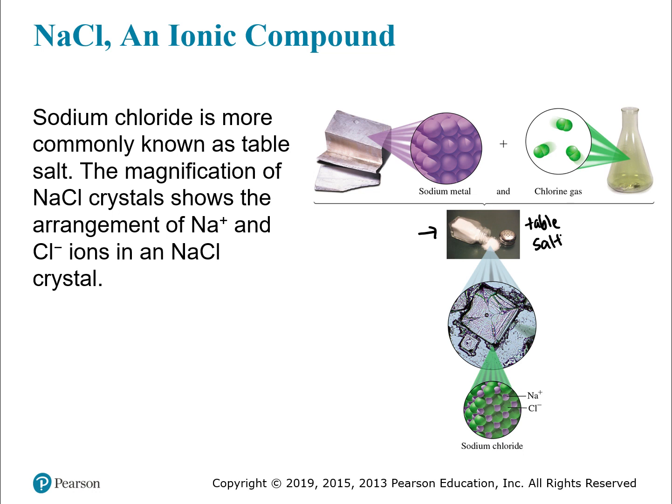That's bad. And if you could look at the ions in a sodium chloride crystal, you'd see how they're arranged to where that sodium is donating its valence electron to chlorine, and chlorine's like, thank you, I will take that.